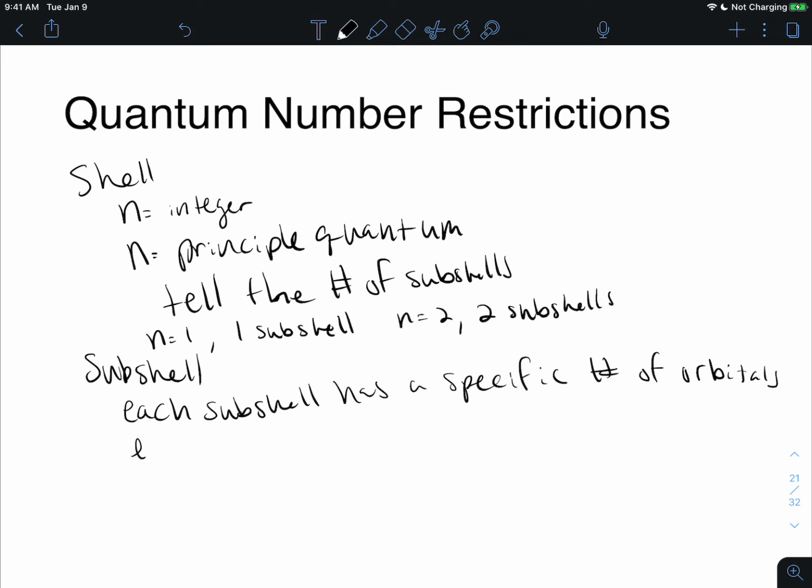So if we have L equals 0, we have 1 orbital. L equals 1, 3 orbitals. L equals 2, 5 orbitals. L equals 3, 7 orbitals, so on and so forth. So we keep increasing those. And the total number of orbitals in a shell is equal to n squared.